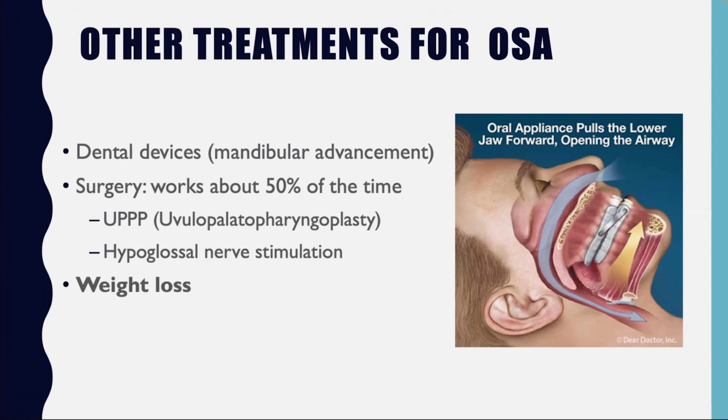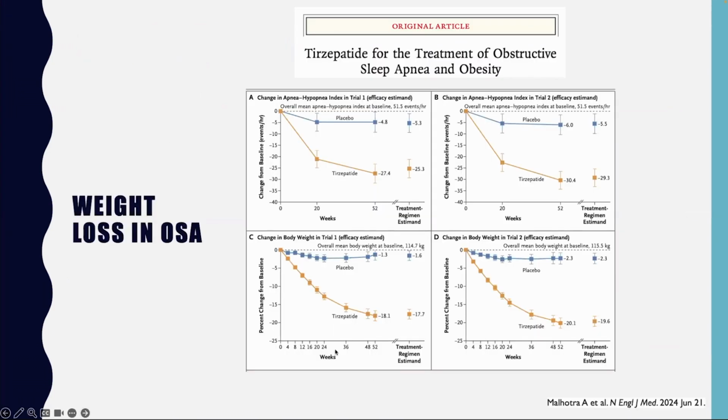Sleep apnea is very common in patients who are obese, and when patients lose weight, their sleep apnea gets significantly better. And the reason I want to bring this up is because there is a study that is hot off the press that was published in June 2024 in the New England Journal.